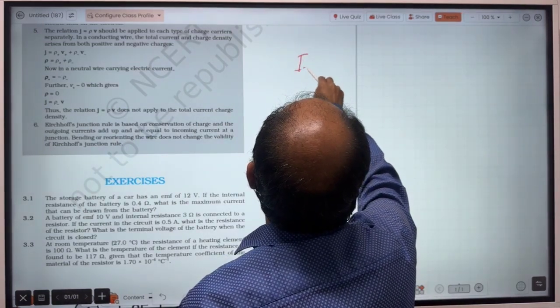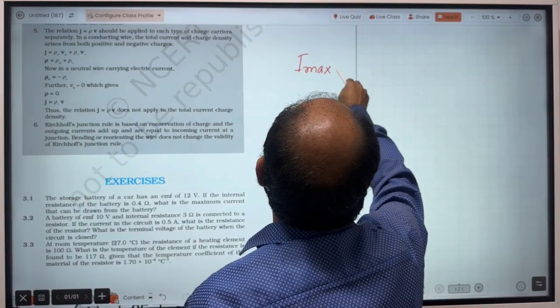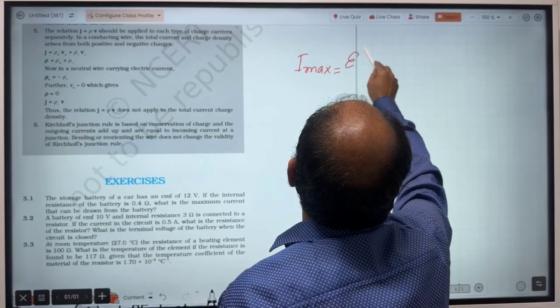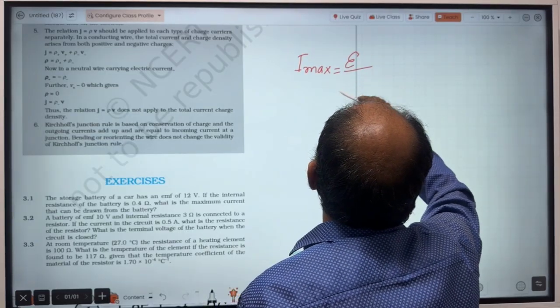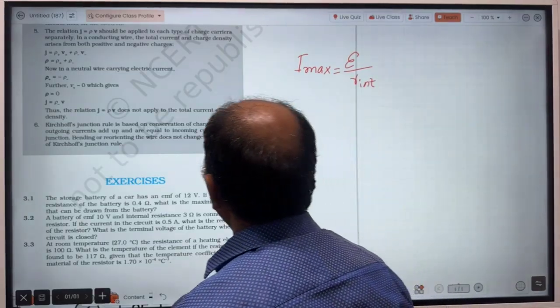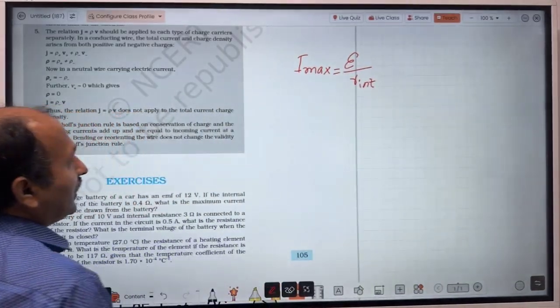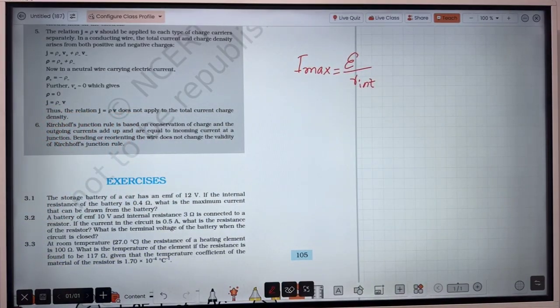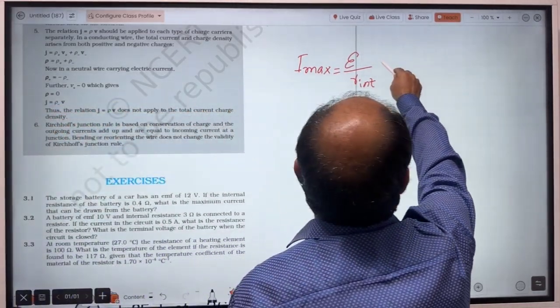So I maximum is to be found. Whatever EMF the cell has, that must be divided by the internal resistance. Means if you divide the EMF of a cell by its internal resistance, you will get I maximum.